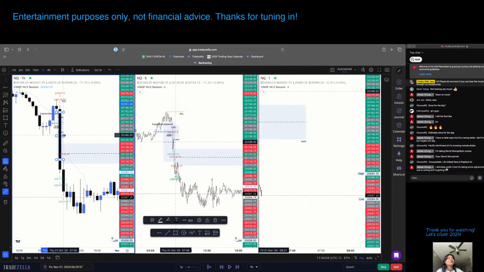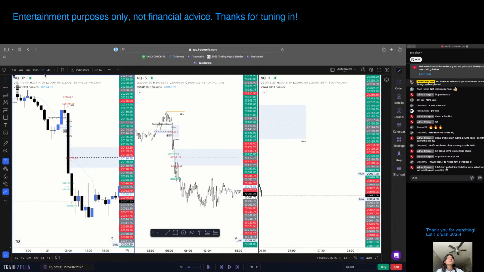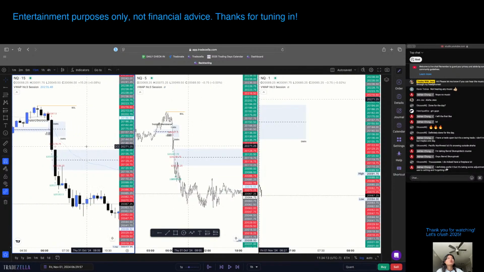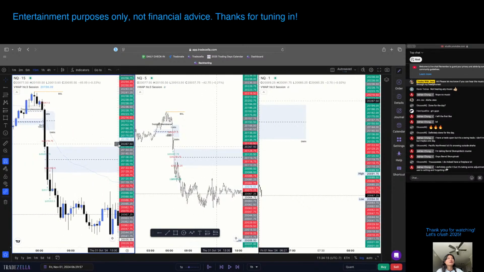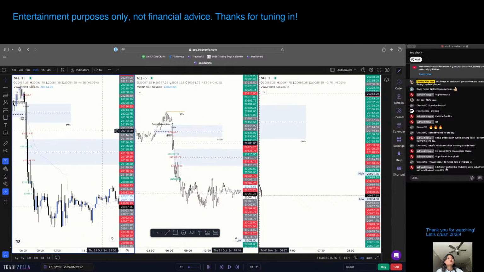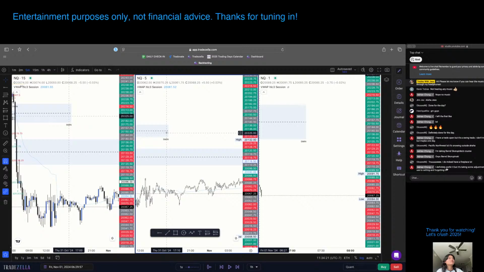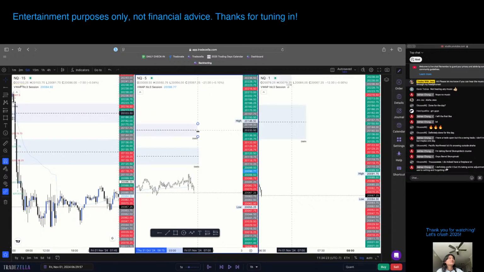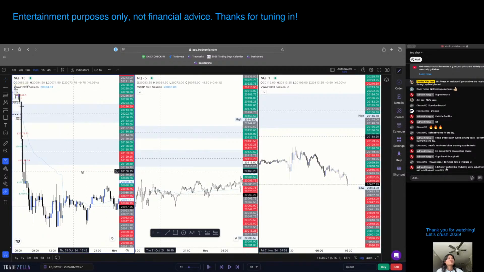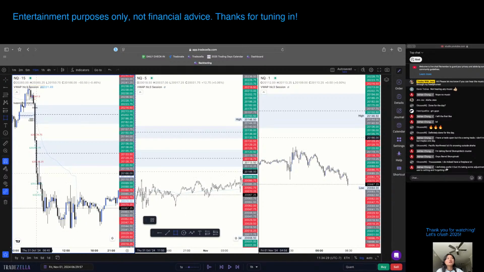I don't really want to mark this out because this is massive. 287 is like 50% of it. That thing is massive, so let's see if we can do it like this instead. And then we have the 15s.